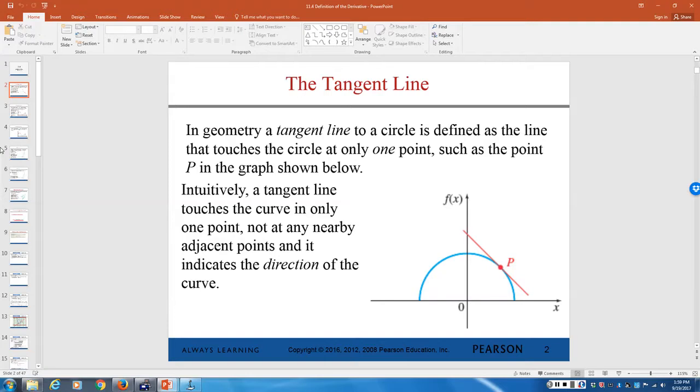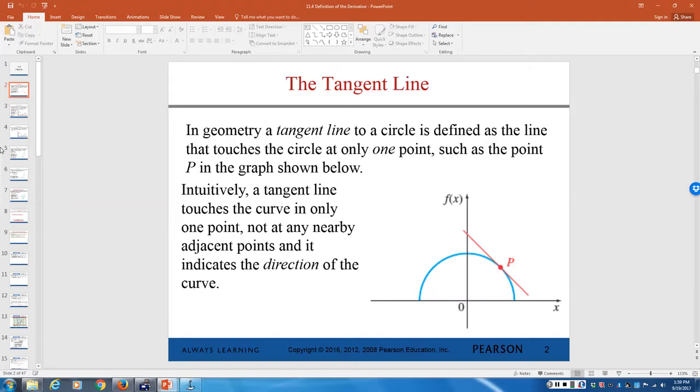And in geometry, a tangent line to a circle, and we're using a circle because it's a curve everybody's familiar with, is defined as the line that touches that circle in only one point. Now that point can be anywhere on the circle, but it only touches the circle in one point.